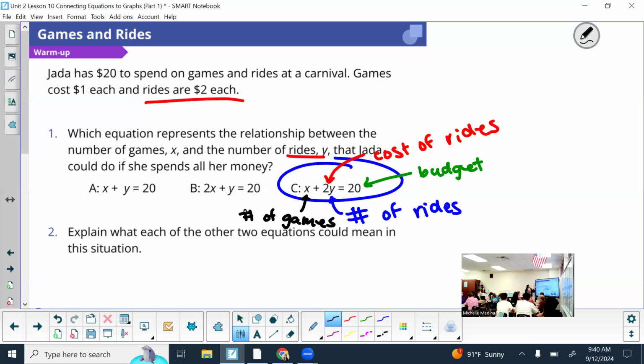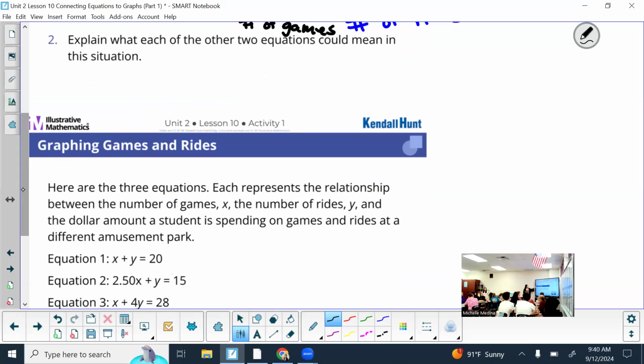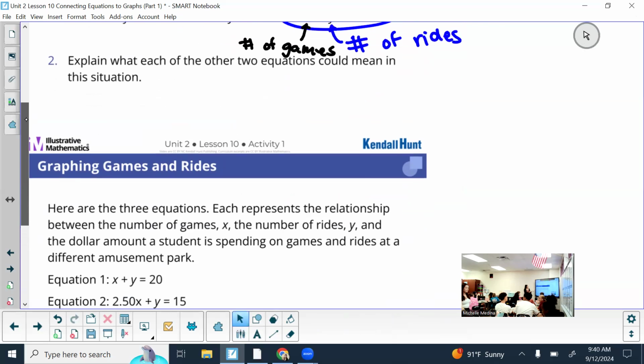Now you also have to look at the ones that are incorrect and say what they are basically saying about the situation. So table 3, I'm gonna ask you, let me scroll a little bit.